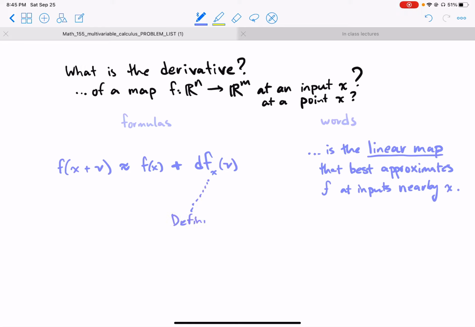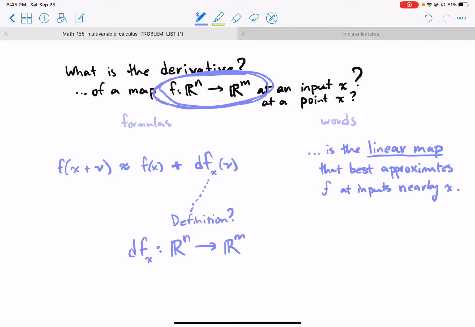So I'm going to say definition. Well, so df at x, this is sort of, we could have called it like f, or, well, f is already taken. We could have called it g, and it's a new map. So usually we write the colon and we take the input space is again Rn. The output space is again Rm. So it's the same input and output space as f, except it's not f.